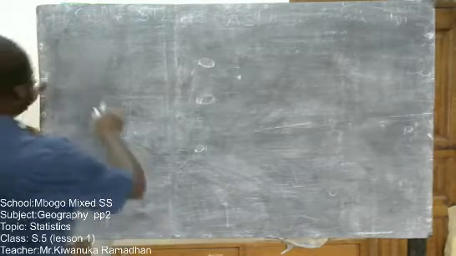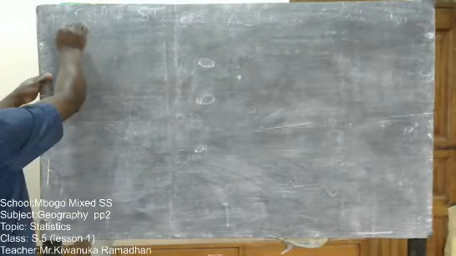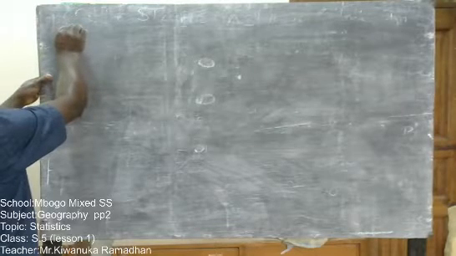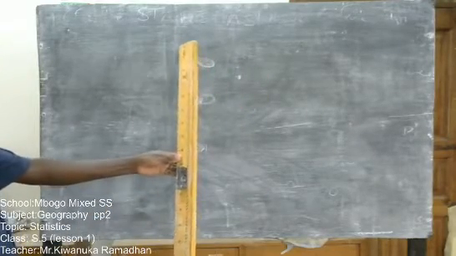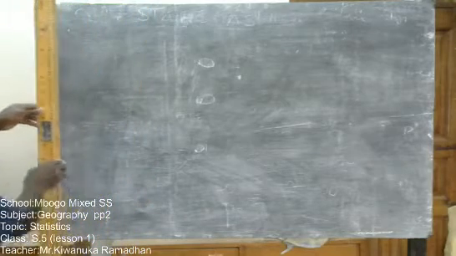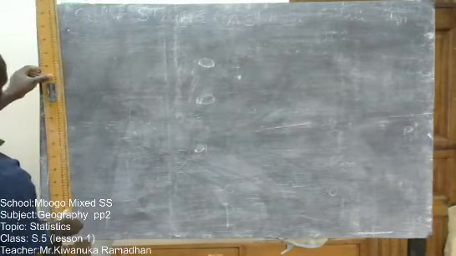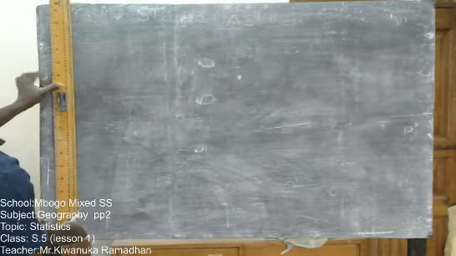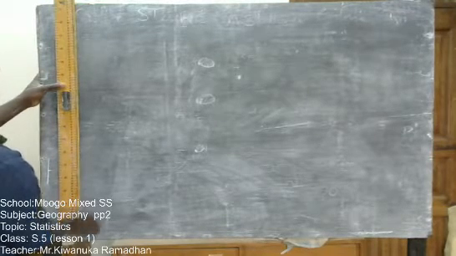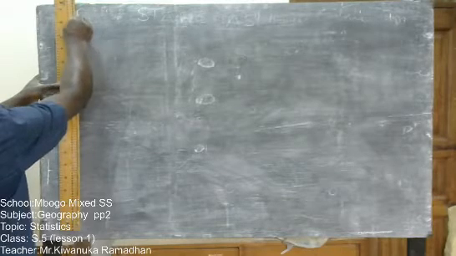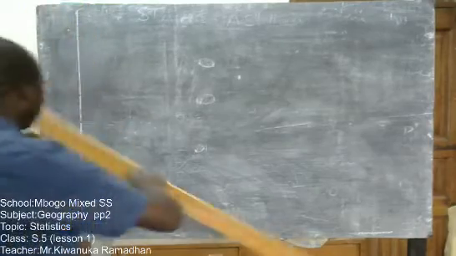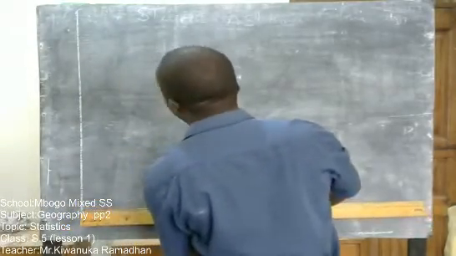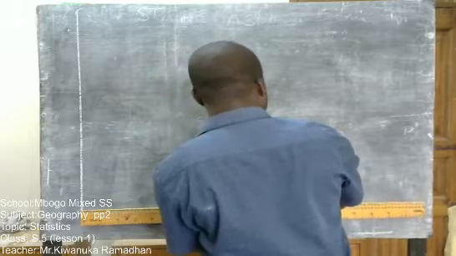So we have said that the vertical is 10 centimeters. You get your foot rule. Then you measure the 10 centimeters. You draw your vertical. I've drawn my vertical. You equally draw your horizontal.